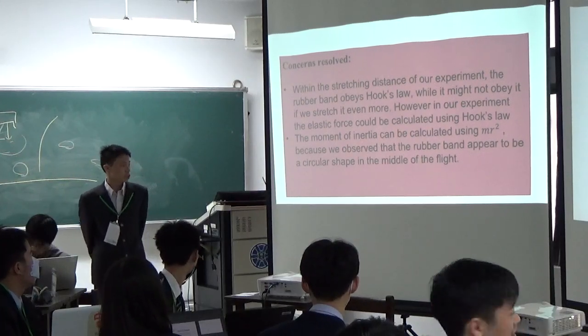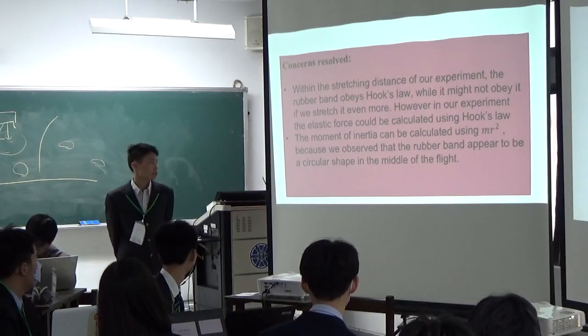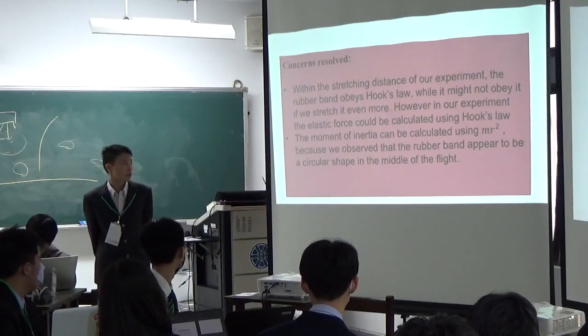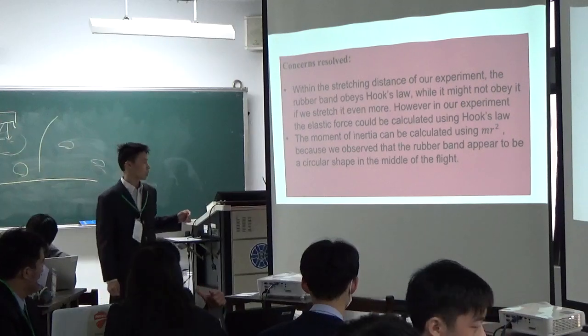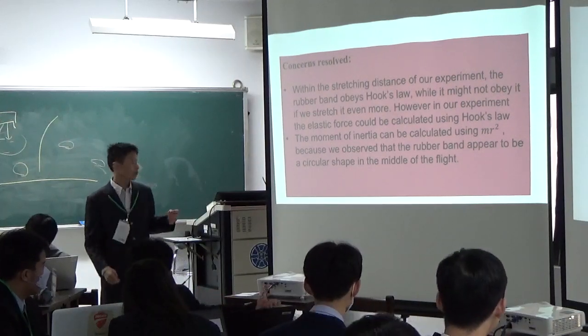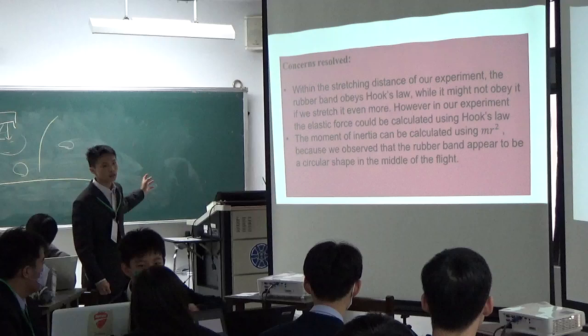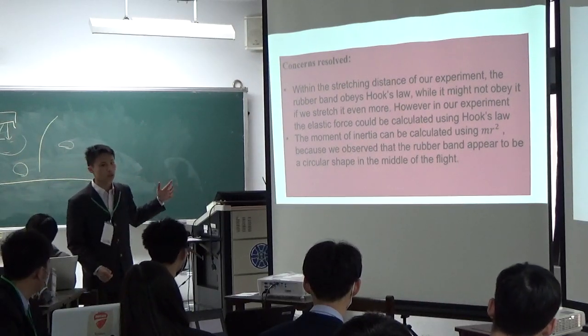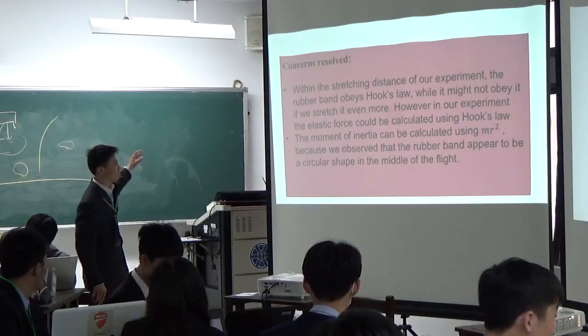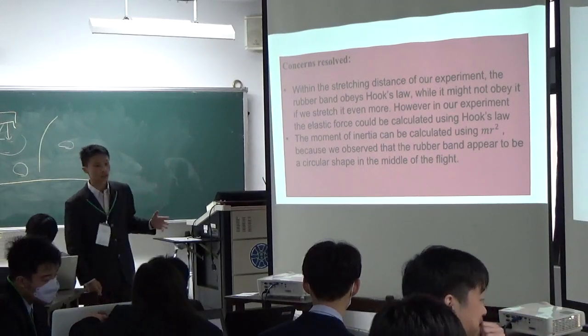And the moment of inertia can be calculated using mr squared because we observed that the rubber band appeared to be a circular shape in the middle of the flight. The opponent and reviewers were concerned about the very beginning. At the very beginning, it's very hard for us to analyze it, so we chose the middle or the end of our flight to analyze it.